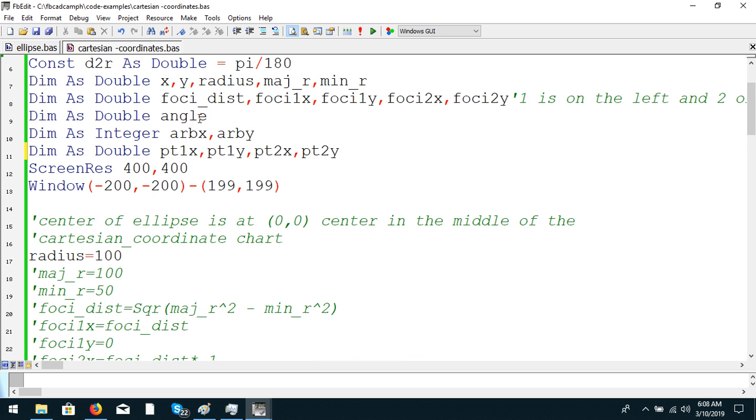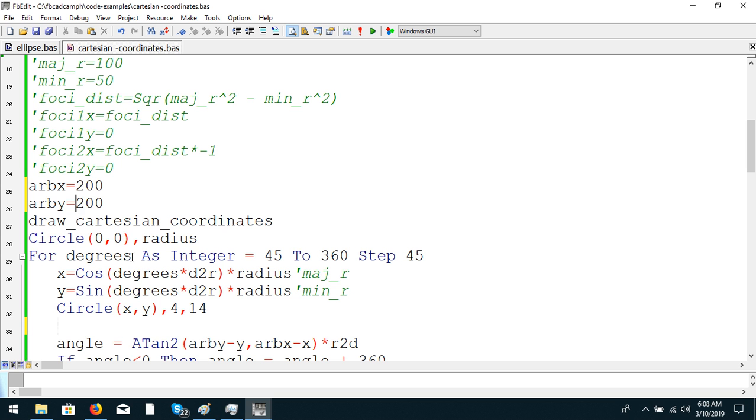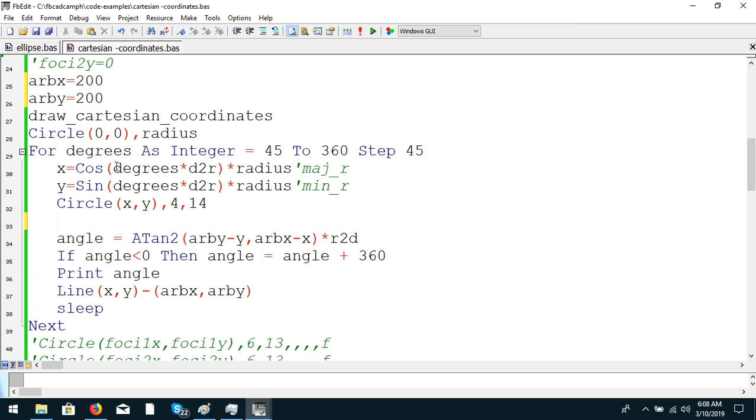We have an arbitrary point that we just set at, where did I set the arbitrary point? Okay, so my arbitrary point was a negative 200. Let's change that back to positive, so that's in the upper right hand corner. And our first point is the point on the circle.